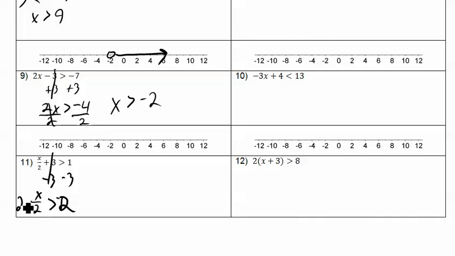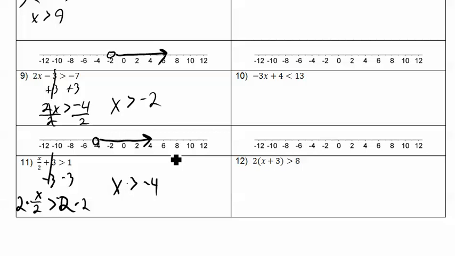This is x divided by 2, so the opposite is times 2. So x is greater than negative 4. So since there's not an equal sign, we put an open dot, and we go greater than negative 4.